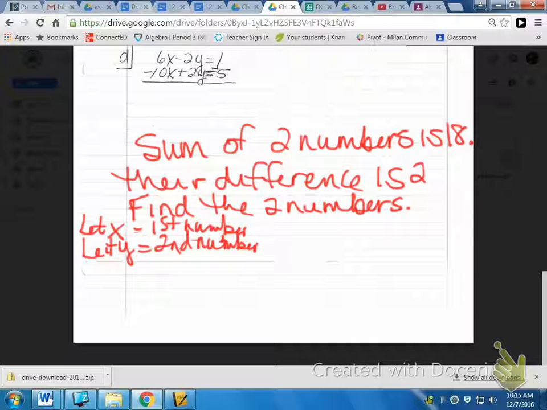If it says the sum of the two numbers is 18, I would say x plus y equals 18. Their difference is 2. x minus y is 2. What do you think about that? Pretty easy, isn't it? Because it's exactly what we were just doing.